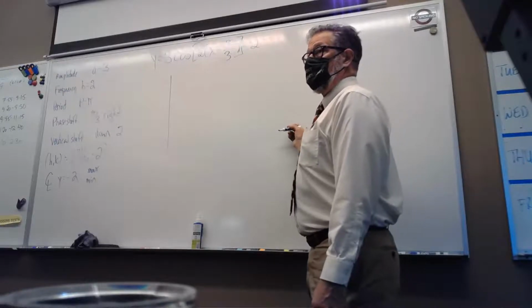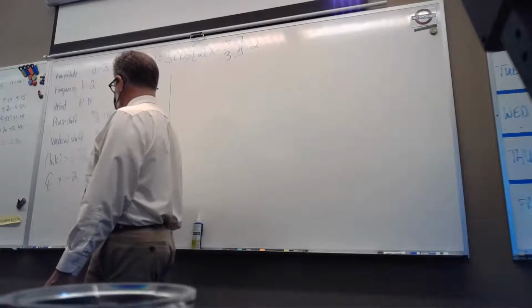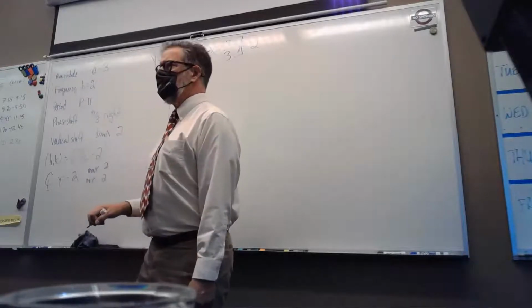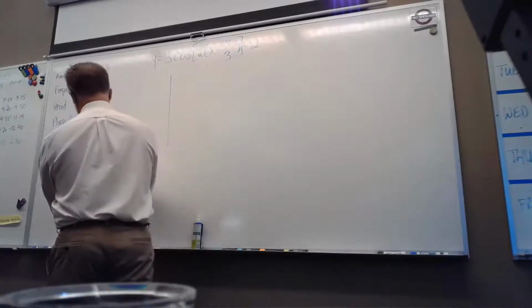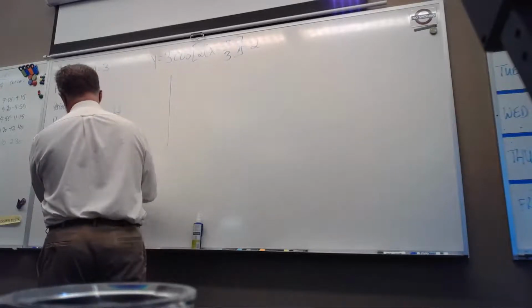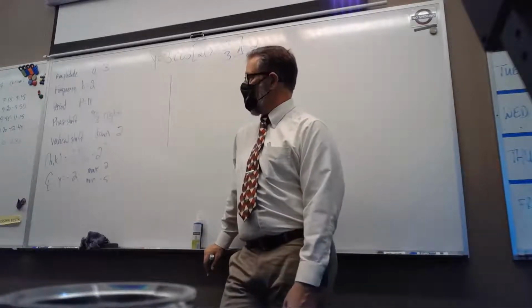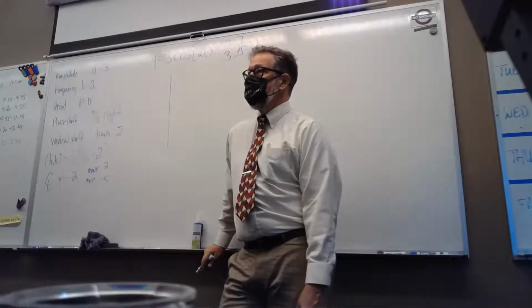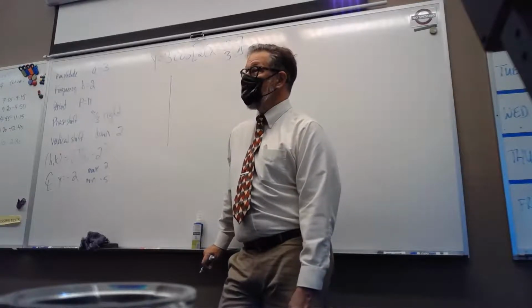Oh, we just wrote down 2 for our max and then -5. What's that? No, -5. How do you get 2 and -5? Because you take the center line, and then basically the amplitude is 3.